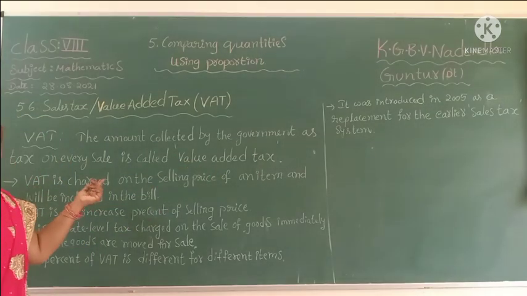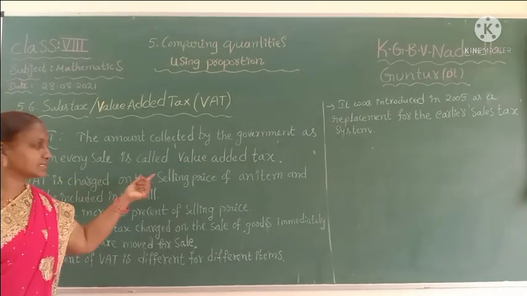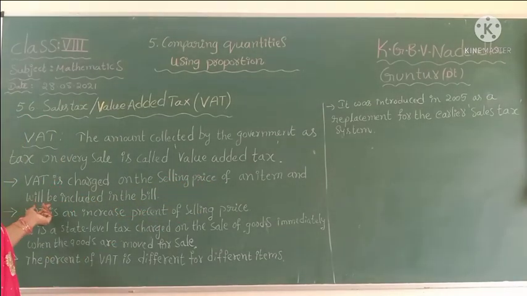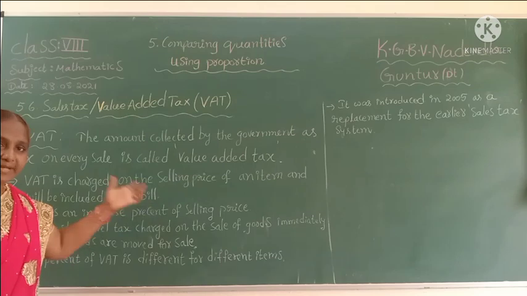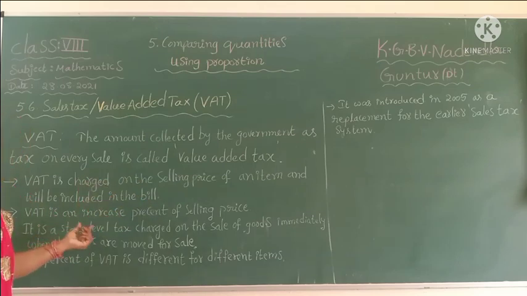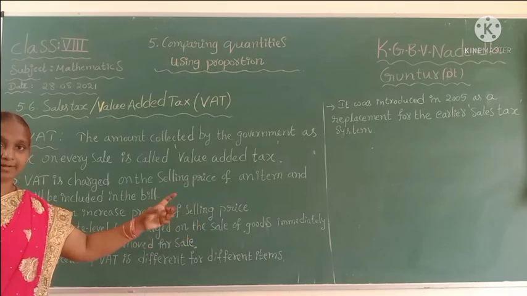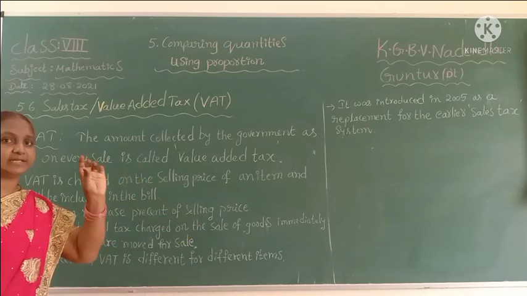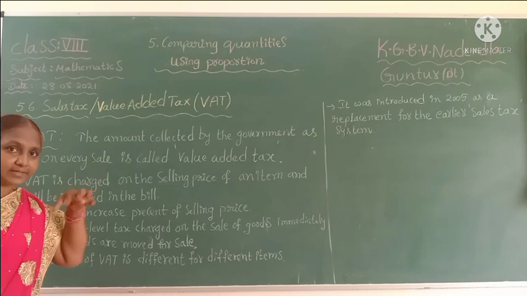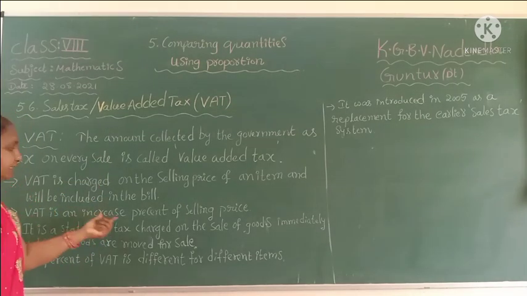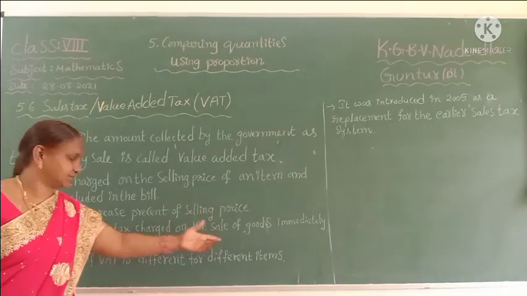VAT is charged on the selling price of an item and will be included in the bill. It is an increased percent of selling price. We already learned about discount. The discount is the decreased percent of selling price. But VAT is an increased percent of selling price.